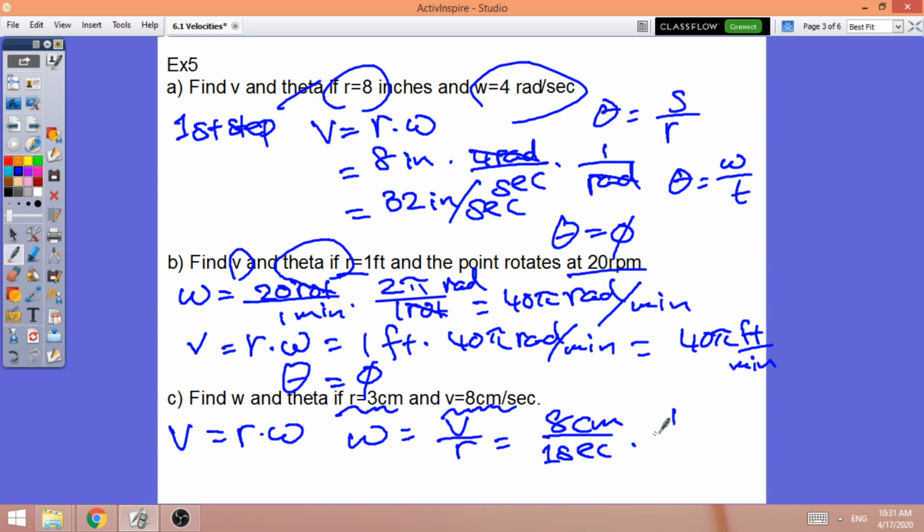So it's 1 over 3 centimeters. And then don't forget about the radian here on the top. So now nothing can cancel, but the units can cancel. So 8 times 1, so it's 8 over 3 radian per second.